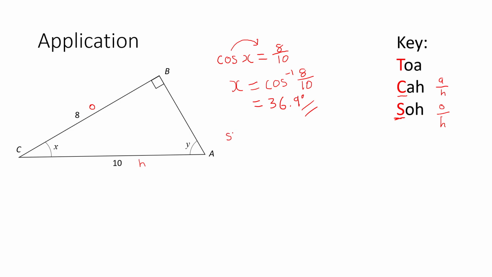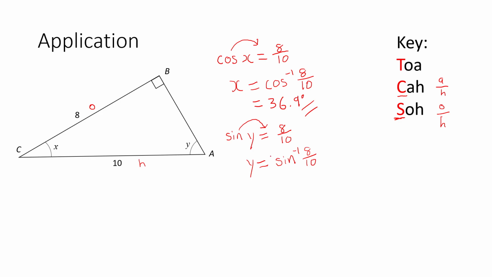So instead of writing cosine, we write sine. Y is equals to, opposite is 8 over hypotenuse, which is 10. Move the sine over. So once it crosses over the equal sign, it will change to the opposite of sine, which is sine inverse.